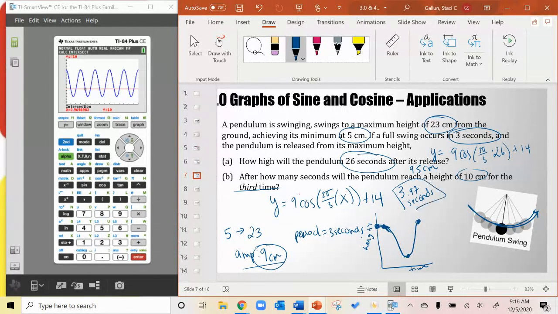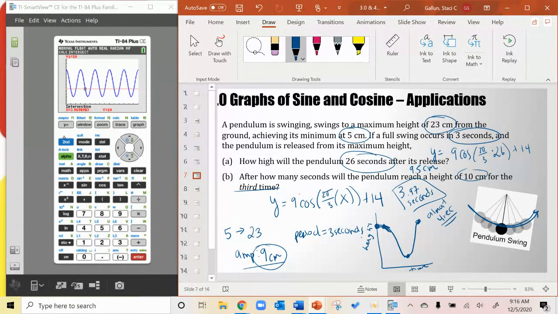So almost 4 seconds is when it would hit 10 centimeters for the third time, right? Because it hits it on the way down and the way up for its first cycle, and then again on the way down, right? And you can go over to any of them, but it repeats, right? So pretty cool to play around with.